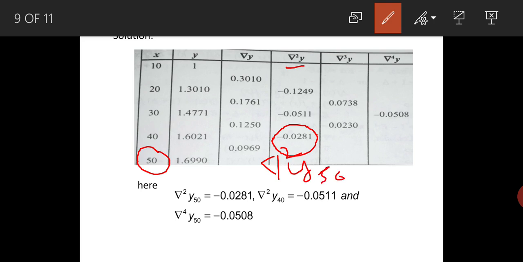Similarly, delta cube of y50 will be here, and delta to the power 4 of y50 will be here. So delta square of y40 you can see here, and delta to the power of 4 of y50 is here. These are the values of the table.